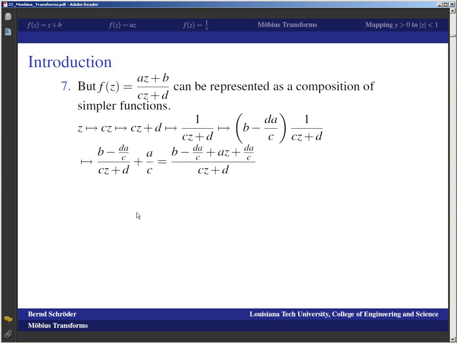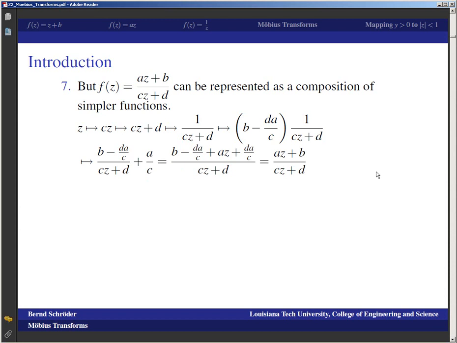And then we do a little bit of algebra with that. We find the common denominator, and as we do, a over c times cz is az, and a over c times d is dA over c. And you can see now that the dA over c terms cancel, and we actually end up with az plus b over cz plus d.